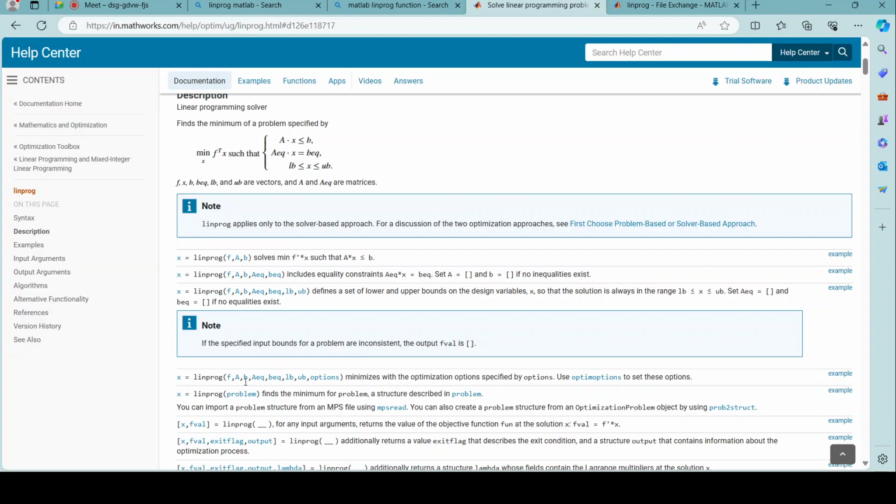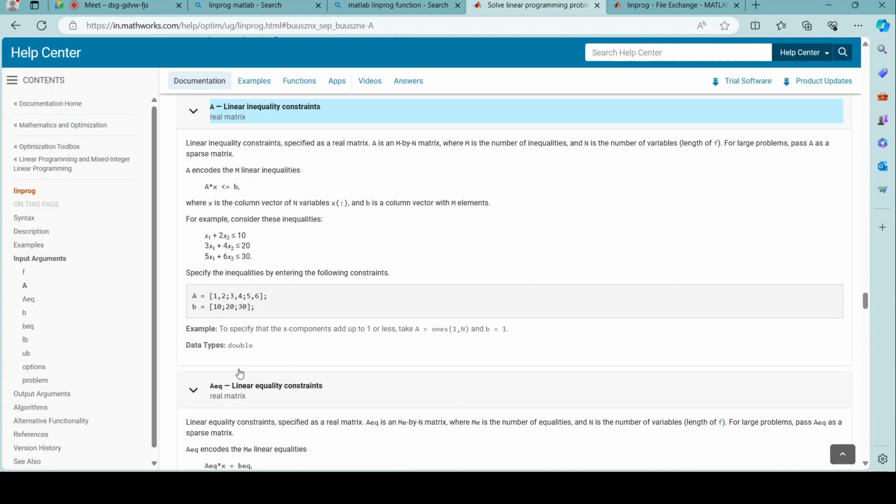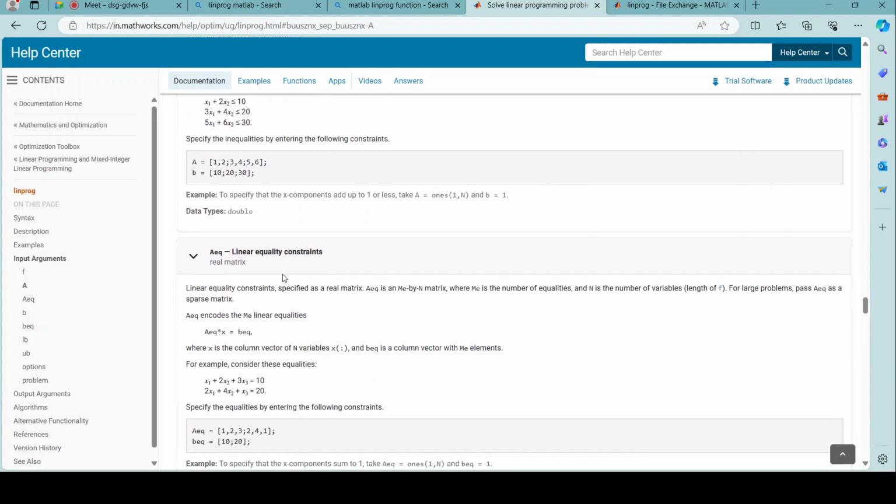So here A would be the matrix, and b is 0. If you remember the steady state condition that we follow, S dot v is equal to 0, it is similar here.